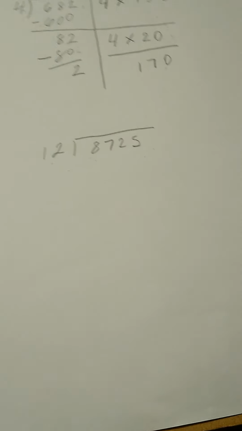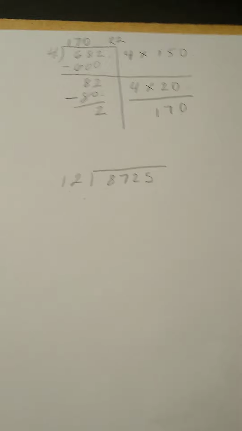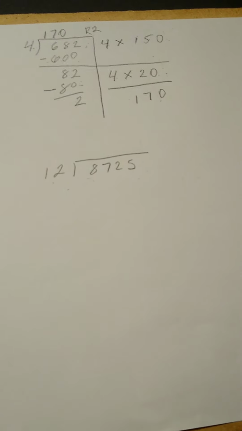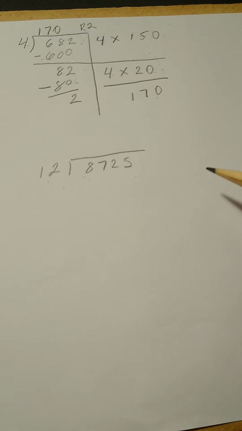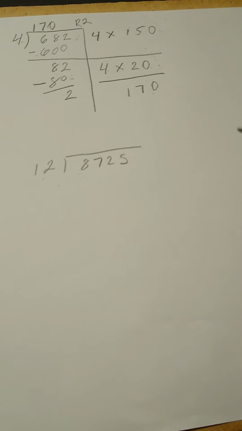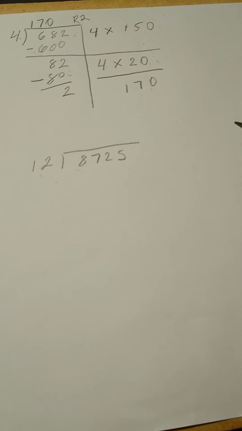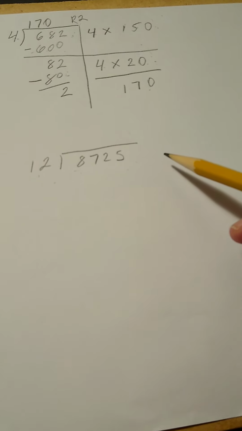Now, if you know your multiplication table, you know that 12 times 7 is 84. And if we add 2 more digits to that 84, it'll be 8,400.